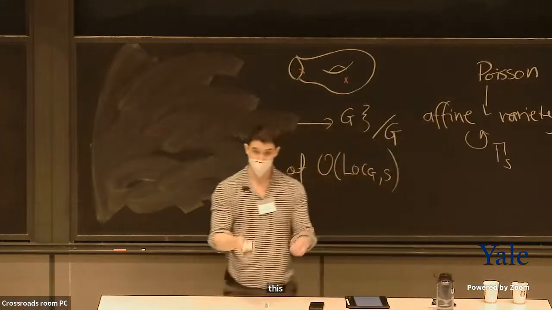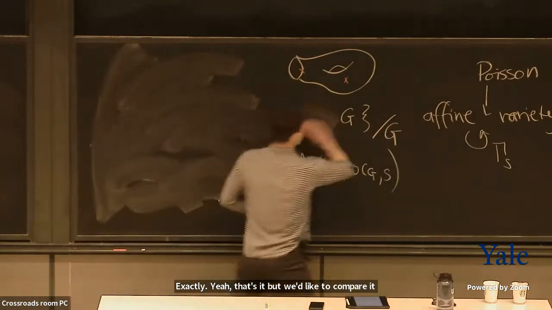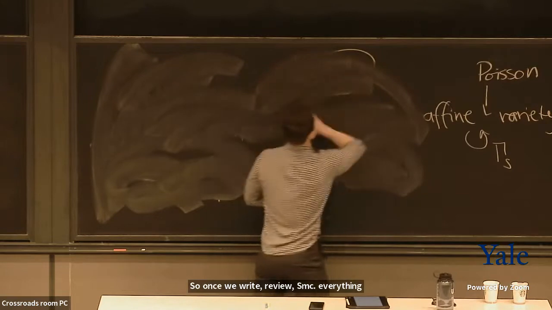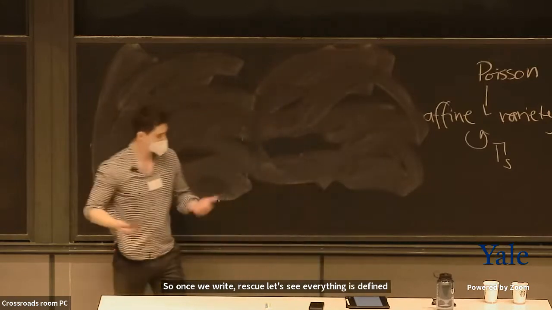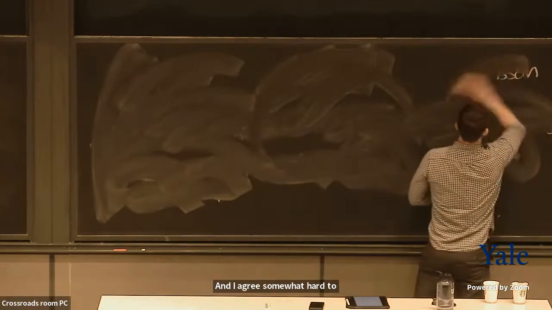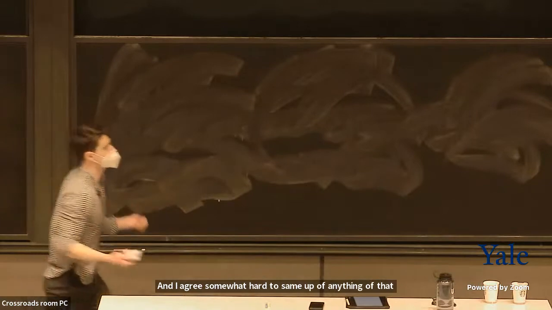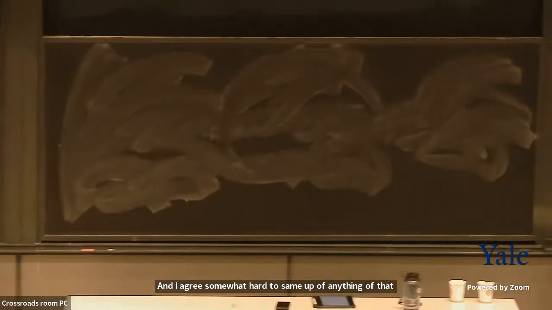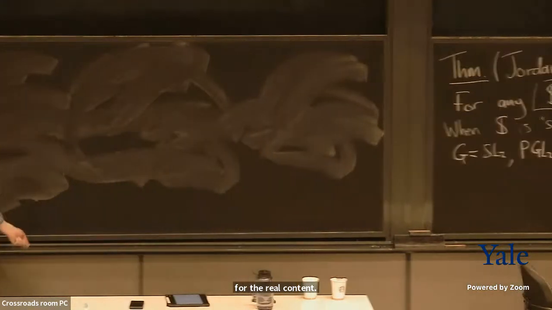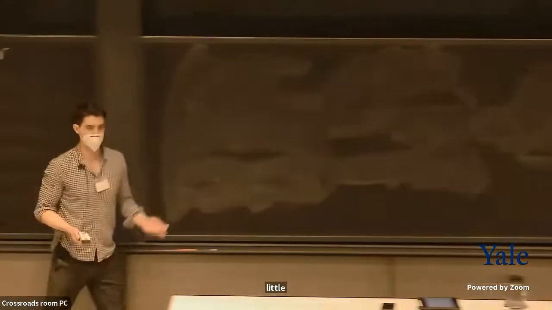But we'd like to compare it with your construction. Yeah. Precisely. So once we write ZQ, as we'll see, everything is defined, but in a way that's very abstract and a priori somewhat hard to say much of anything about. So the real content of what we do in a sense is to bring this very abstract fellow back down to earth in such a way that it can be compared with more concrete models for quantization.